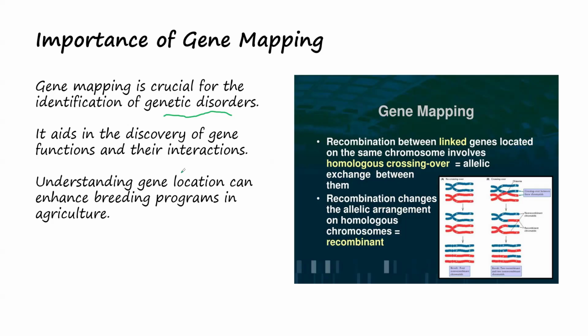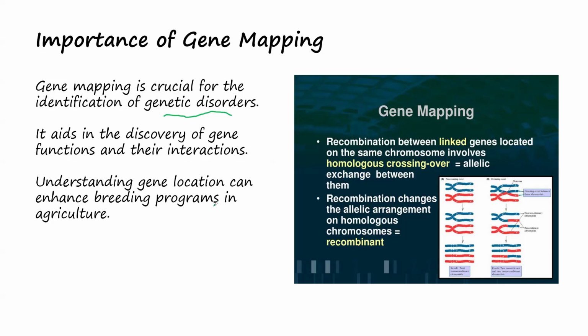So ladies and gentlemen, very importantly, as we discussed in some of my lectures, genes are responsible for producing particular proteins, and the proteins determine the functions as well as the structure of most of our cells. Therefore, if you are able to identify the locations of the genes, you can definitely trace the functions of the gene.